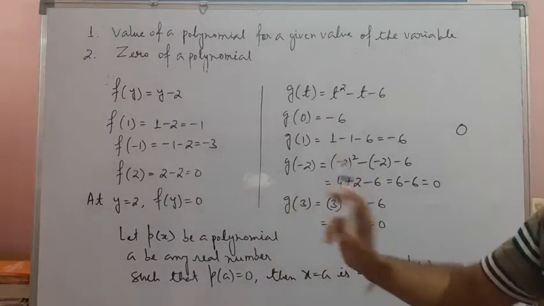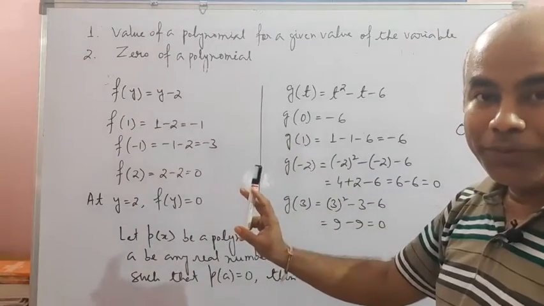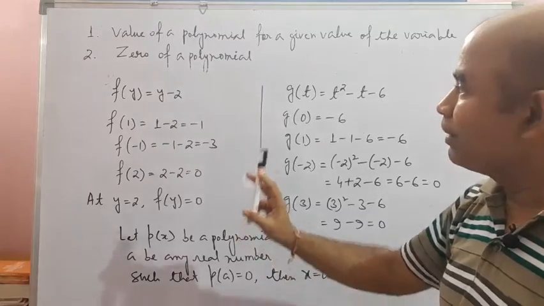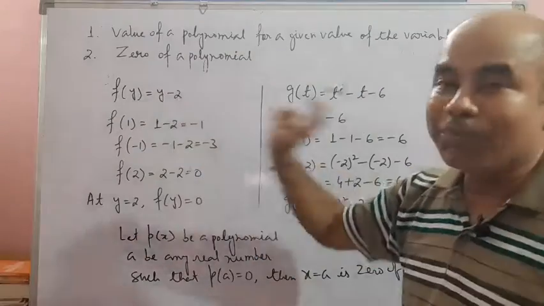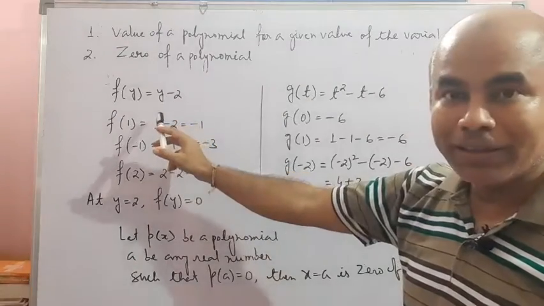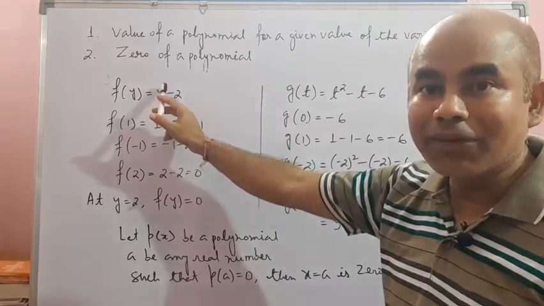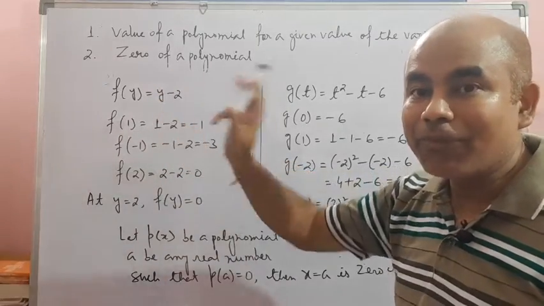But before going to discuss that, see, the number of zeros of a polynomial is at most equal to the degree of the polynomial. In this polynomial, the highest power of the variable is 1, that is degree 1, so it has maximum 1 zero.